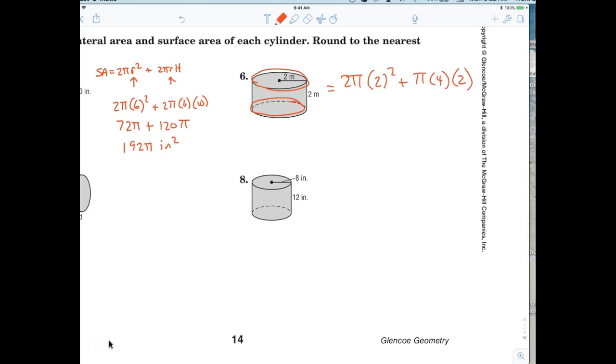So what's that final answer? 16 pi. It's 50.26, or we could say 16 pi. Leave it in terms of pi. And don't forget the meters squared.